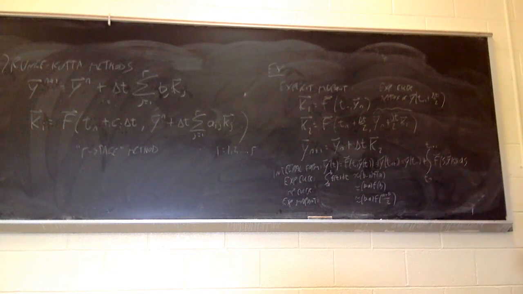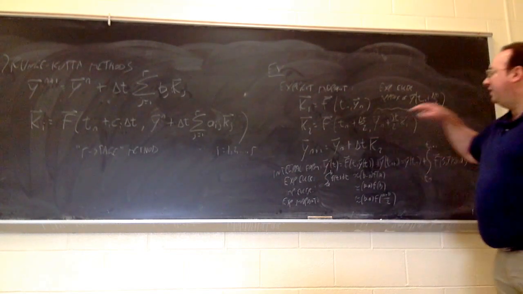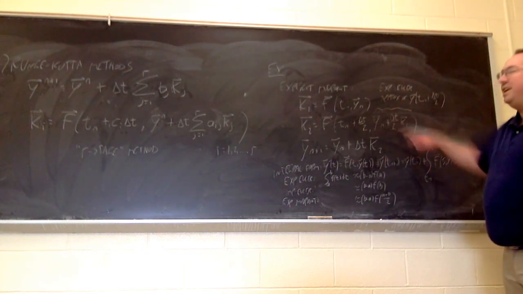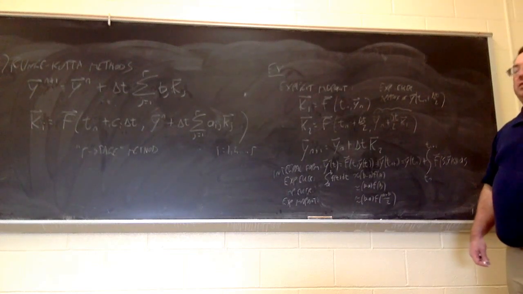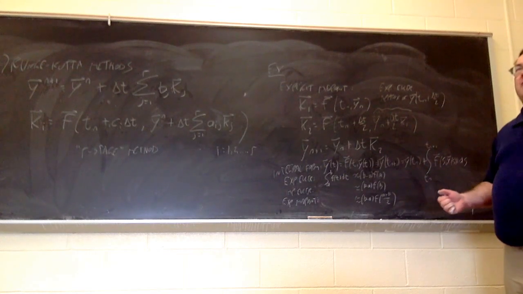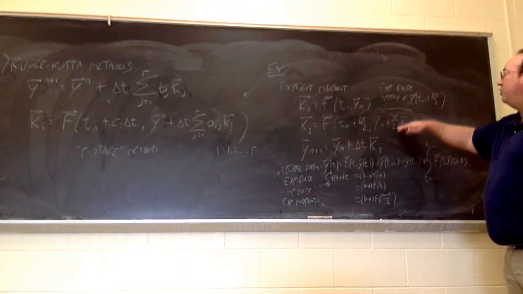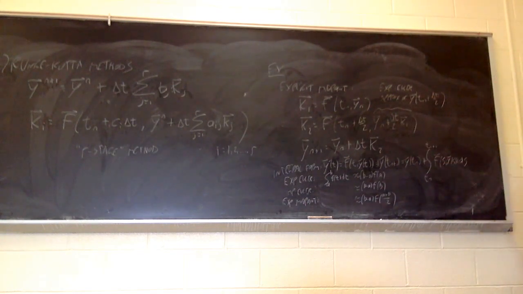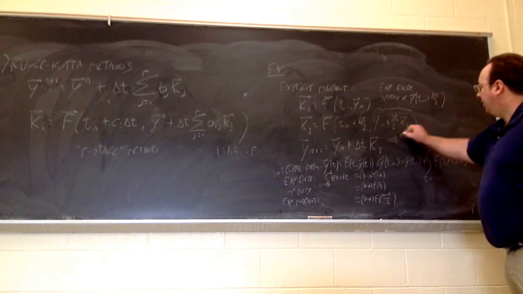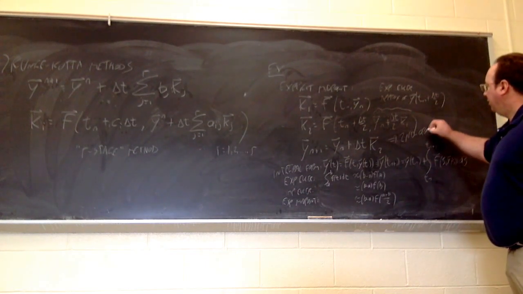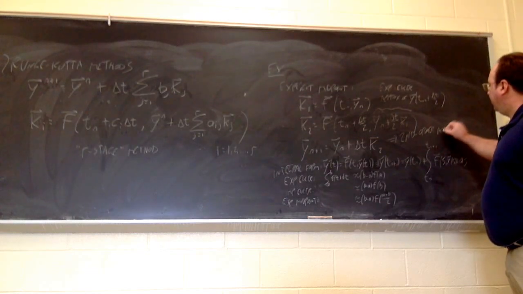So it's trying to approximate f at the midpoint of the interval of time, which it uses here, but then it needs an approximation of y at the midpoint of that interval of time. That's not readily available. That's the solution we're trying to compute. So it uses an explicit Euler approximation of that. And that is enough to get second order accuracy.